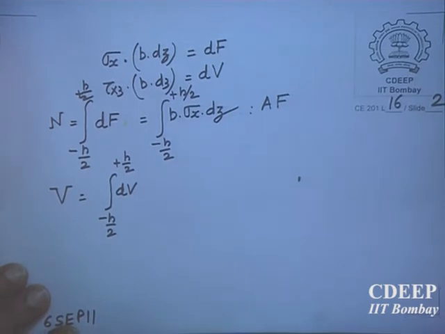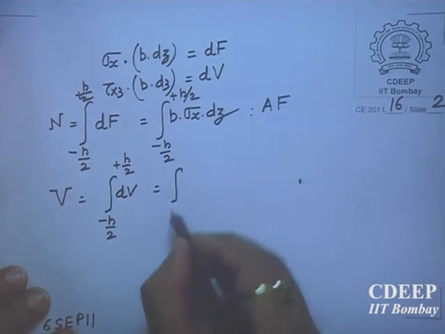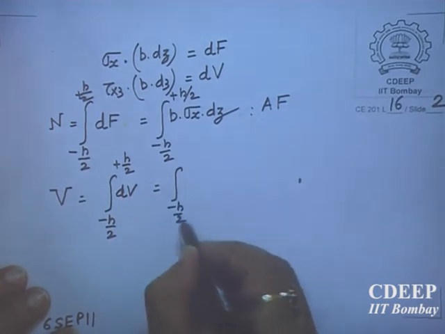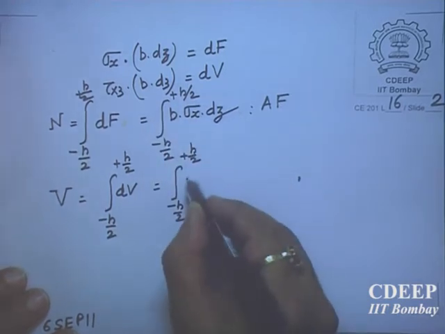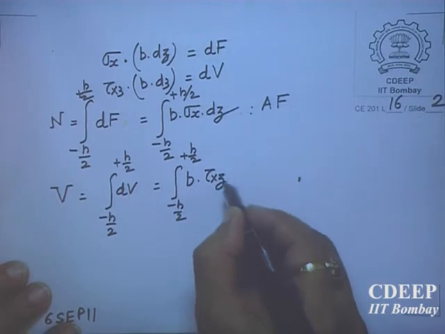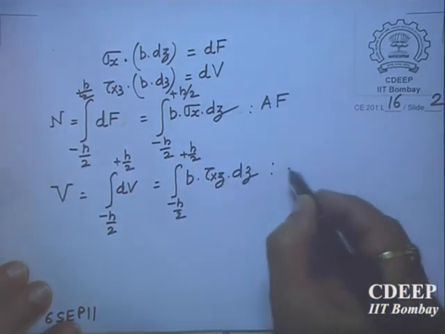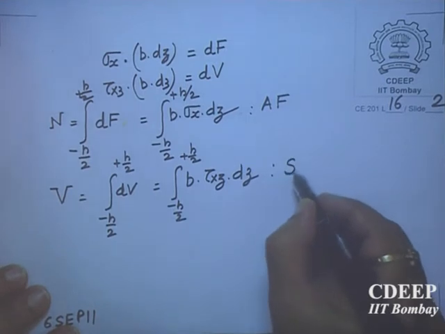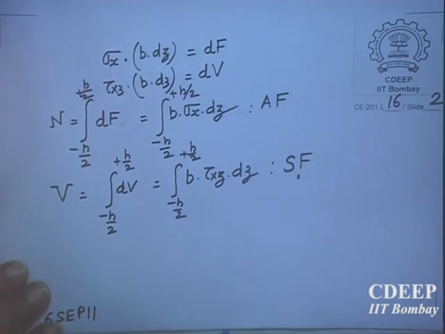That is the integral from minus h by 2 to plus h by 2 of b tau xz dz, and this we call shear force, in short SF.